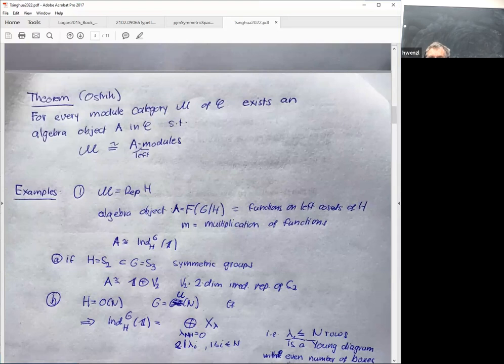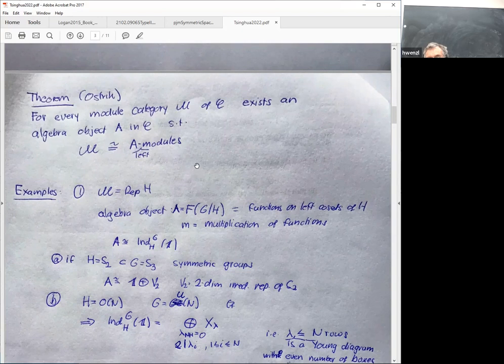So one is, okay, let's go back to our old example of M being the representations of a subgroup. Then what is the algebra object in this case?